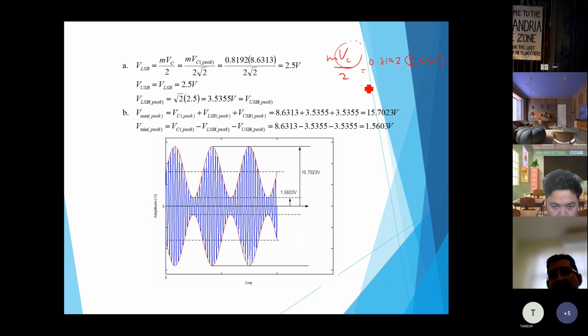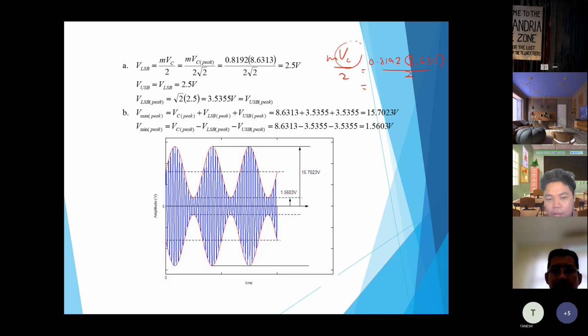Okay, so kita akan dapat bagikan dengan 2, sorry ini bagikan dengan 2. So ini berapa? 0.8192 darabkan dengan 8.6313.